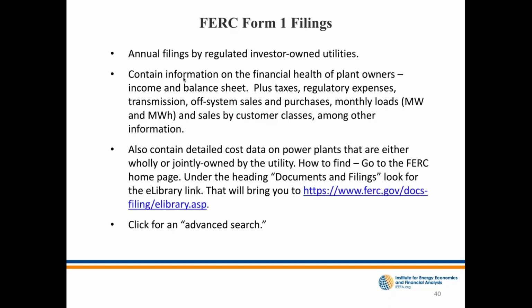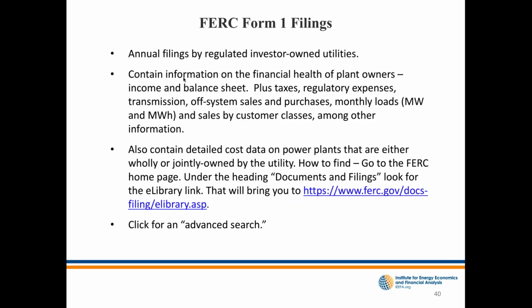It contains a wide range of information from the plant owners, information about financial health, income and balance sheets, taxes paid to the federal, state, and local governments, property taxes, regulatory expenses, off-system sales and purchases, transmission, monthly loads and sales, among other information. There's also detailed cost information on power plants that are either wholly or jointly owned by the utility.